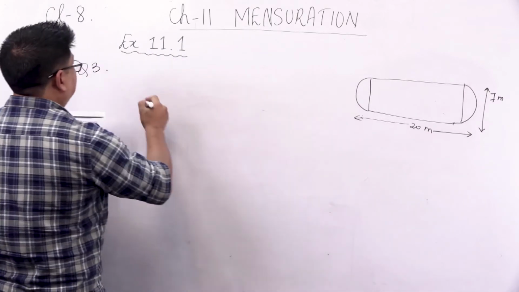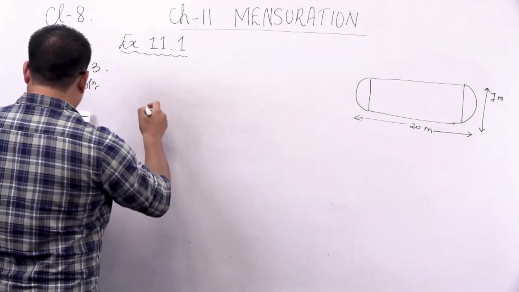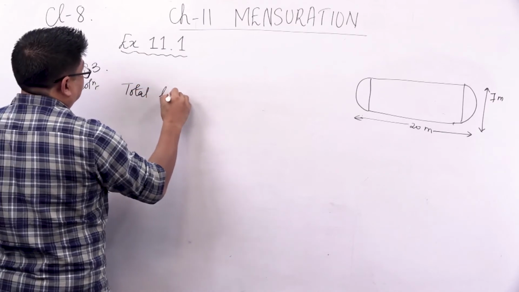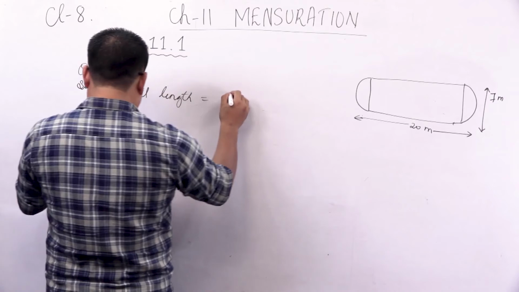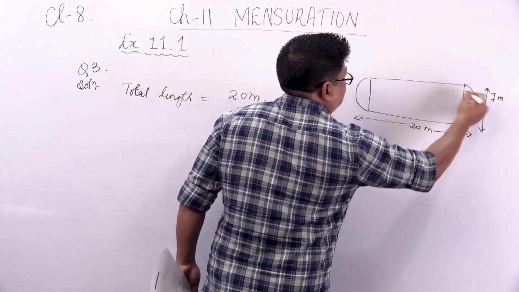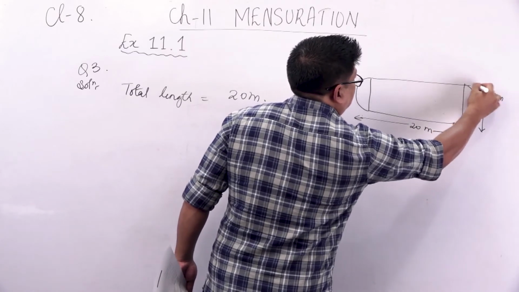So they have given us a hint, but we'll come to that later. So total length is given as 20 meter. And then if you look at this 7, we can say that this is the diameter. Same thing, right?